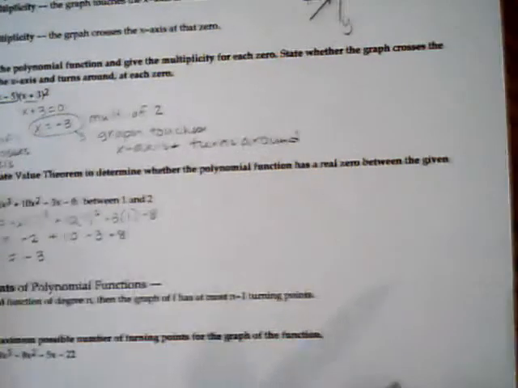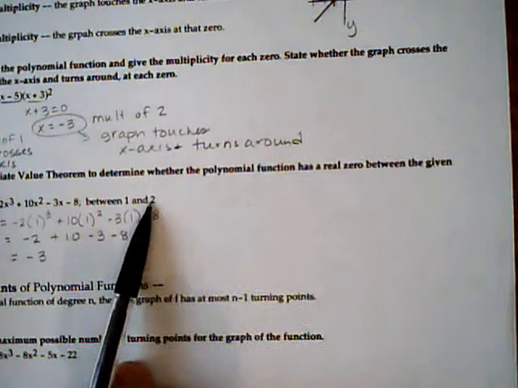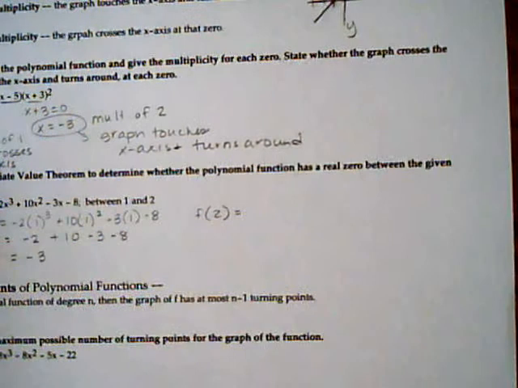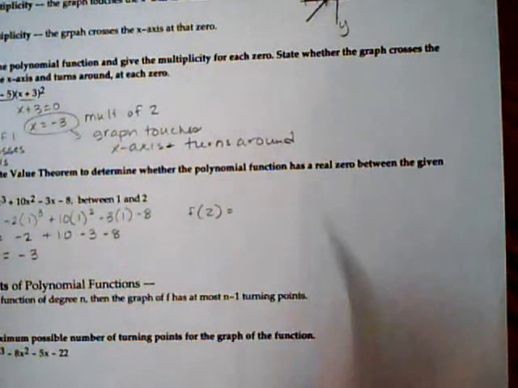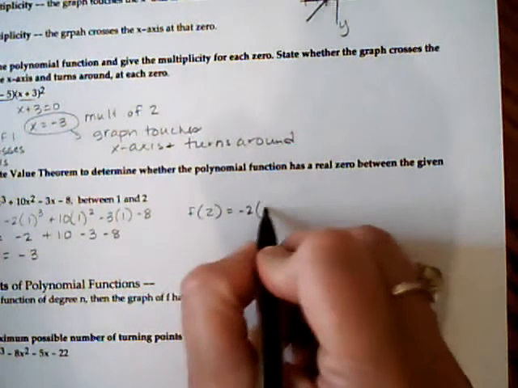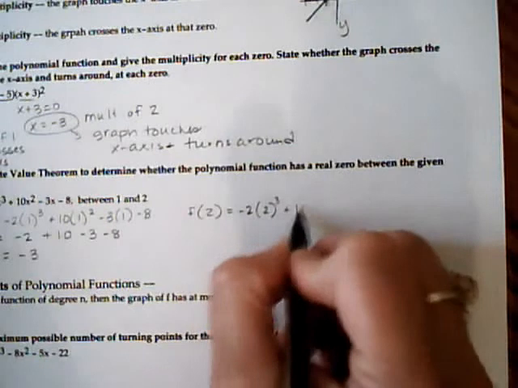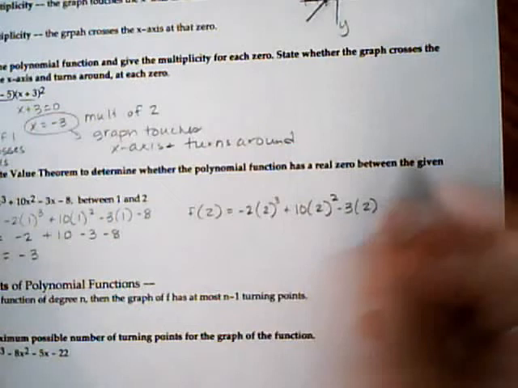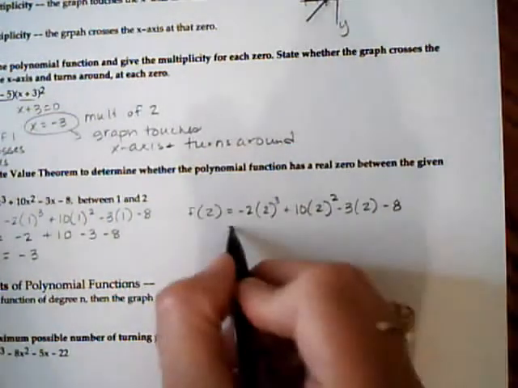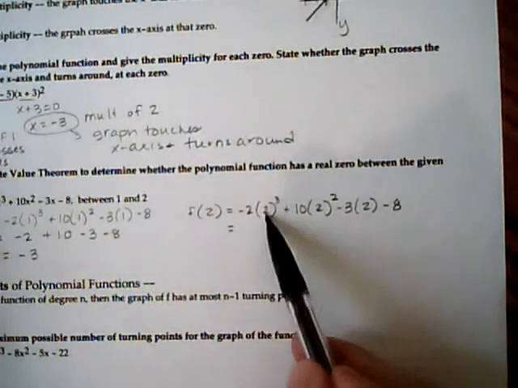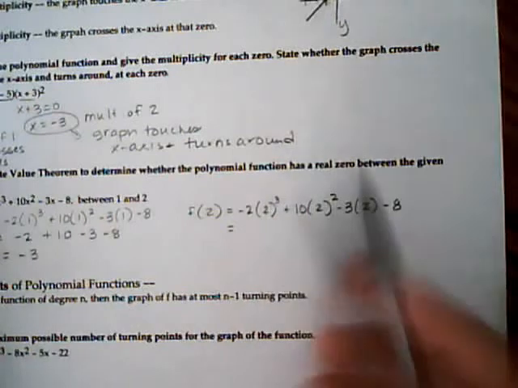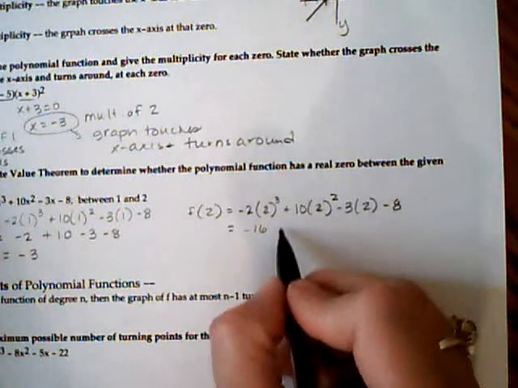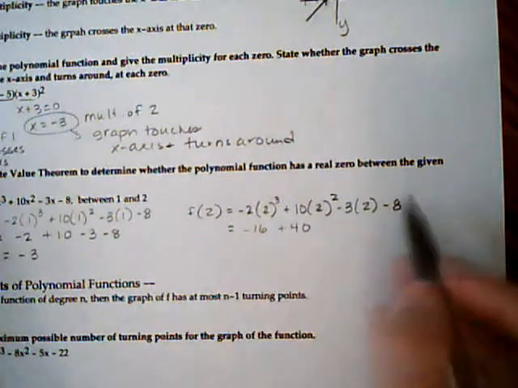And then I would plug in the second value that's given. I want to find f at 2. So I'm going to plug in a 2 everywhere I have an x. -2 times 2 cubed plus 10 times 2 squared minus 3 times 2 minus 8. So 2 cubed would be 8 times -2 would be -16. 4 times 10 would be 40.